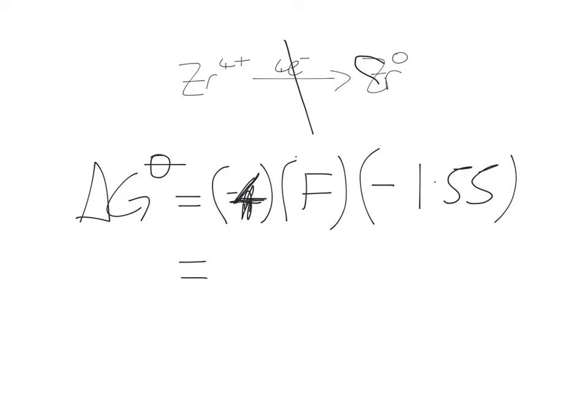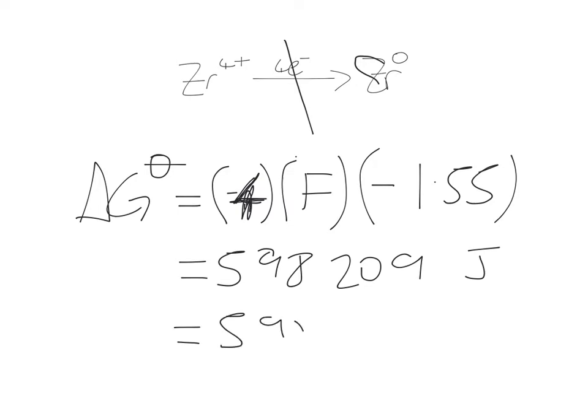So my raw answer here is 598,209 joules. We can make this a bit more reasonable by talking about it in kilojoules. 598-ish kilojoules. That seems super big to me. But maybe it is.